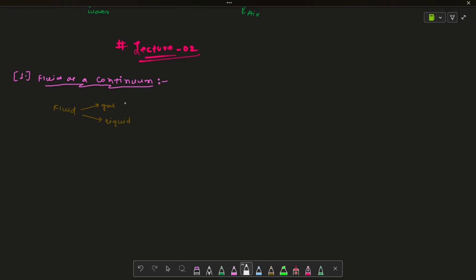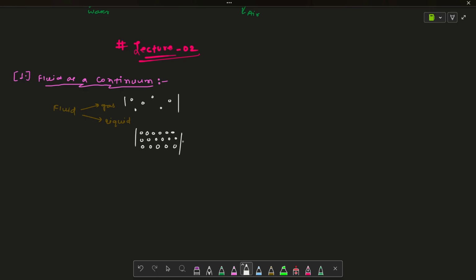For gas the molecules are widely spread, and for liquid they are closely spaced. I mean these white round things are the particles, or the molecules of fluids.